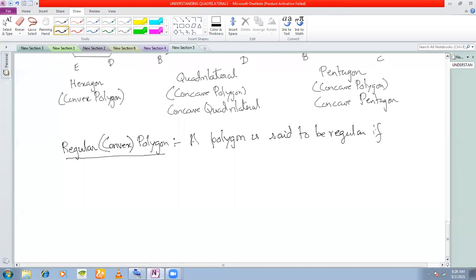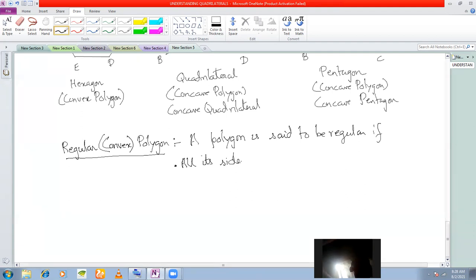if first all its sides are equal, right? Next, all its interior angles are equal.